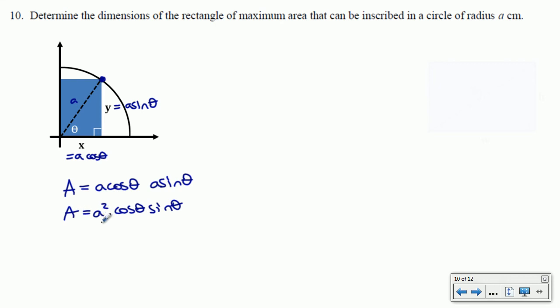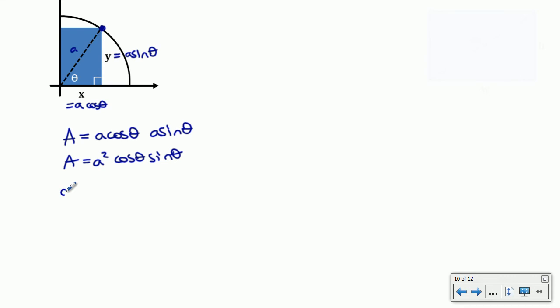And because a is fixed, all I need to do with this equation is take the derivative of capital A with respect to theta and see if I can get a critical value out of that. So let's do that. dA/d theta is going to be a squared, that's a constant. And then I need to do product rule with this.